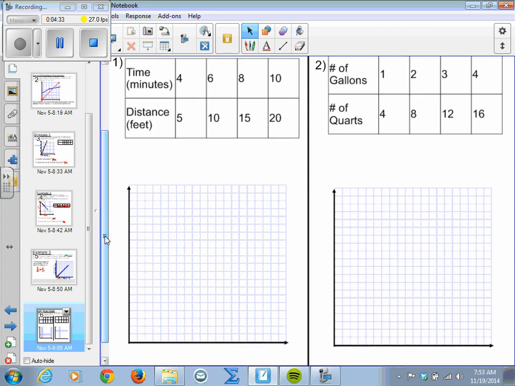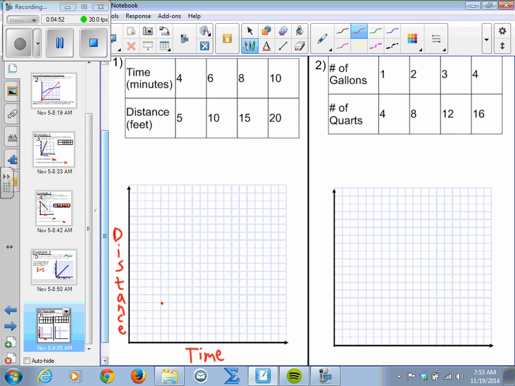The time, whichever one's on top in the table, that's going to go on the x. And the bottom label is the y. So time and distance, so we have 4 minutes goes by, there's our 5 feet.